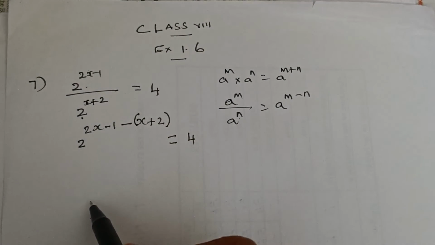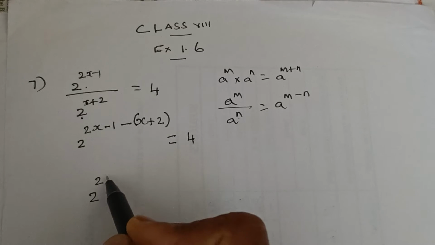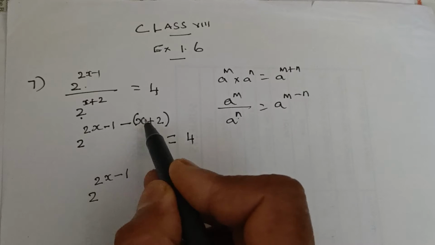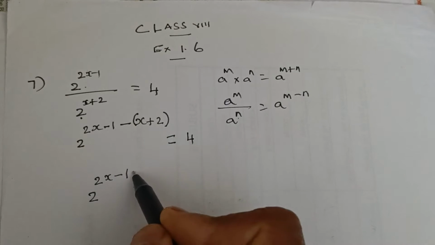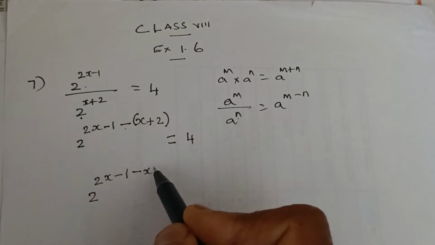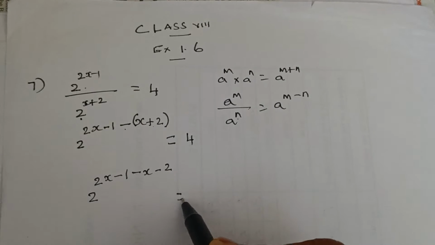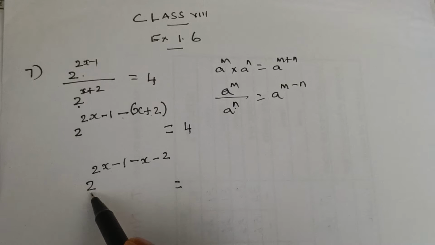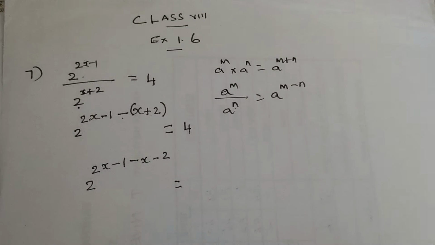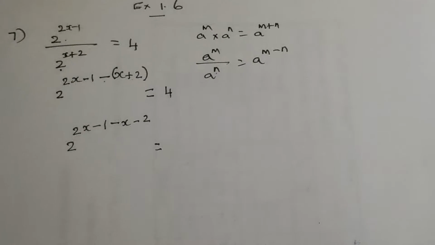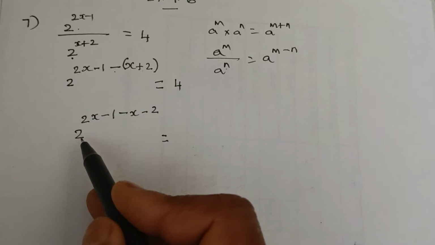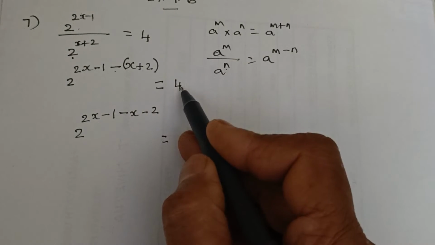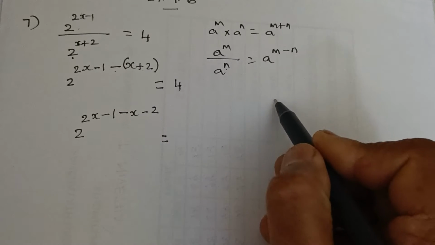Now let us simplify the power. 2 to the power, we'll remove the bracket. 2x minus 1, and multiplying with the minus sign: minus into plus x is minus x, then minus into plus 2 is minus 2. Is equal to 4. Since the base on the left hand side is 2, we'll write this 4 as a power of 2 too.